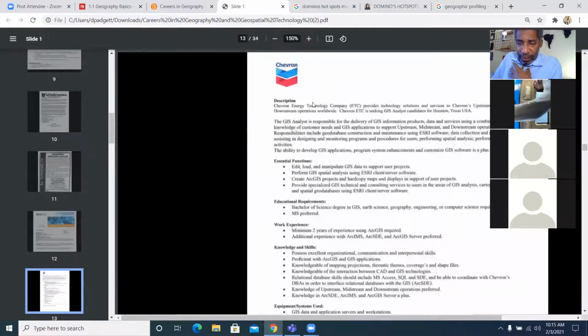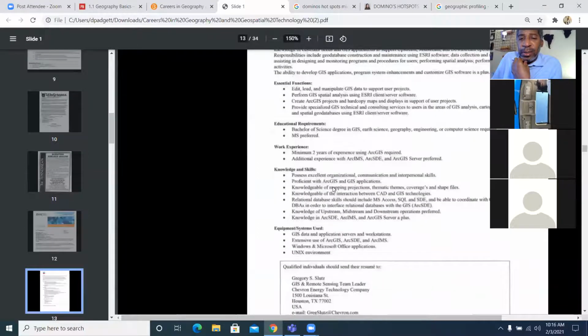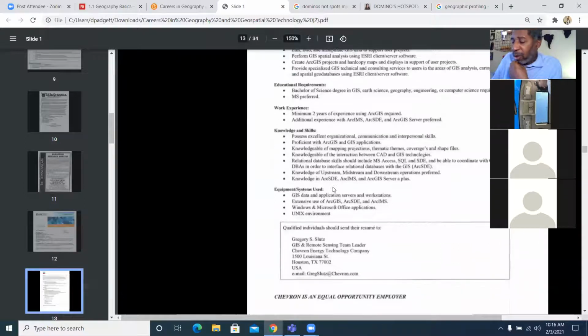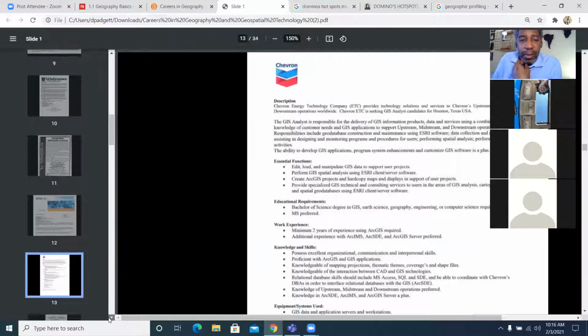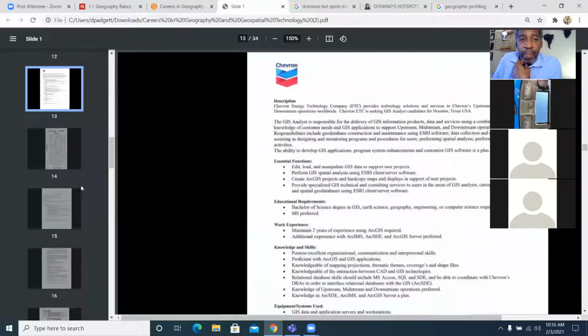Here's an advertisement from Chevron. GIS, remote sensing, GPS is heavily used in the energy industry. And so that's another place that if you are interested in going to work in the energy sector, adding geographic information systems to your skill set could take you a long way.